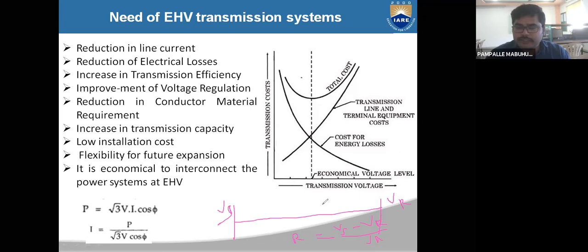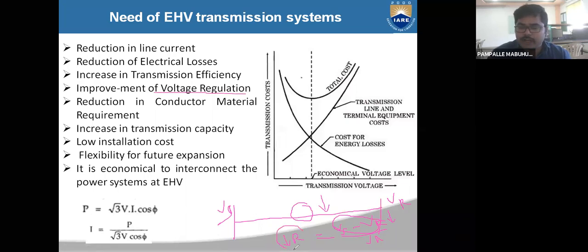Now when the voltage drop in the transmission line is decreased, this difference also decreases, so regulation will decrease. That means regulation will be improved.